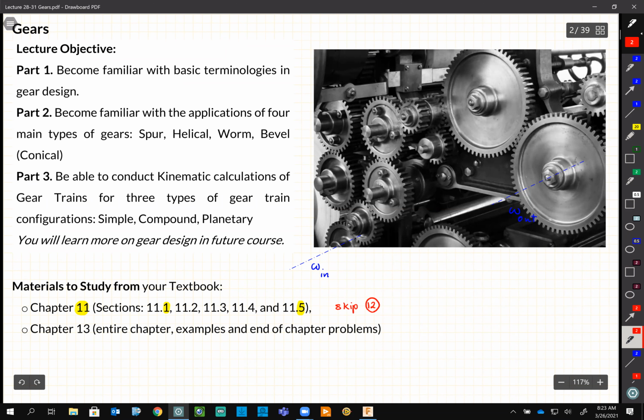It's going to help you a lot for designing gears, and in your future courses, you will be a hero if you study chapter 12 before getting those courses. You're going to be ahead of other students. And then chapter 13, study all of it, the entire chapter, all the examples and all the problems at the end. It's super easy and it's fun, but it takes time. Please go through that.